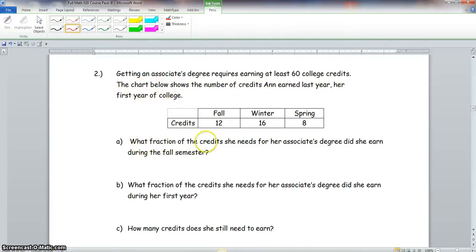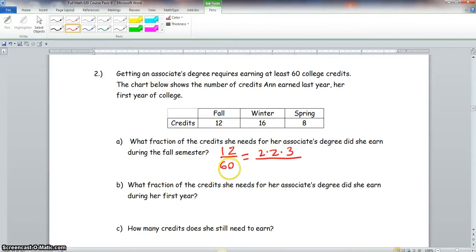It says A, what fraction of the credits she needs for her associate's degree did she earn during the fall semester? Now remember, she needs to earn 60 credits, so 60 would be our denominator. And then what she earned in the fall semester was 12. Now, in the previous problem, we did the prime factorization of 12, which was 2 times 2 times 3.